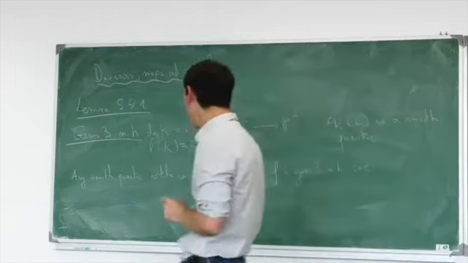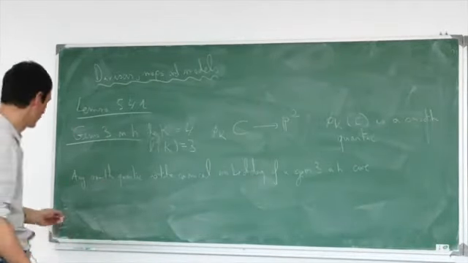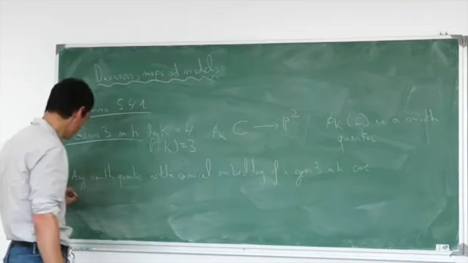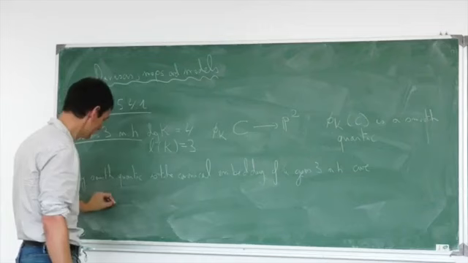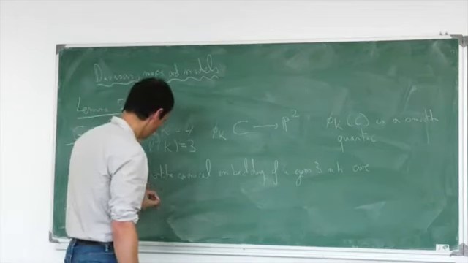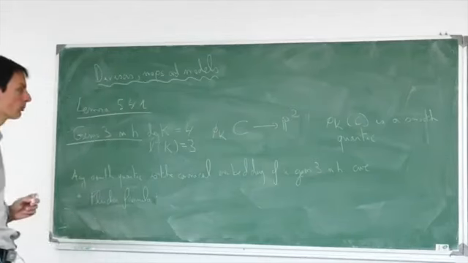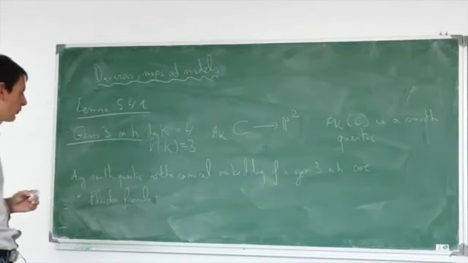So how do you prove this? First you need to see that a smooth quartic is a genus 3 curve. For this, you use the Plücker formula, which tells you that when you have a smooth plane curve, you can compute its genus just in terms of its degree.